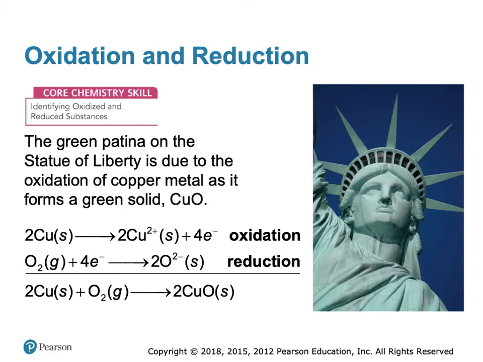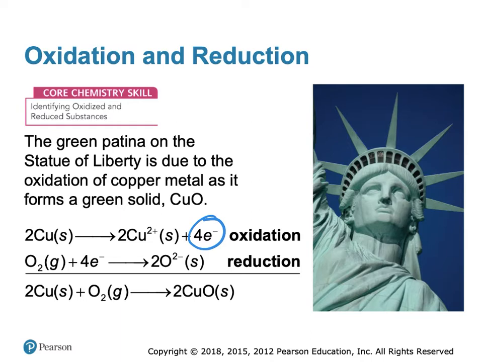The green patina on the Statue of Liberty is due to the oxidation of copper metal as it forms a green solid, copper oxide. So here, in our first equation, we have copper solid, and when copper solid loses electrons, it becomes oxidized.